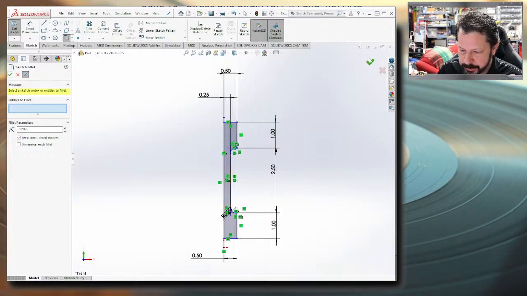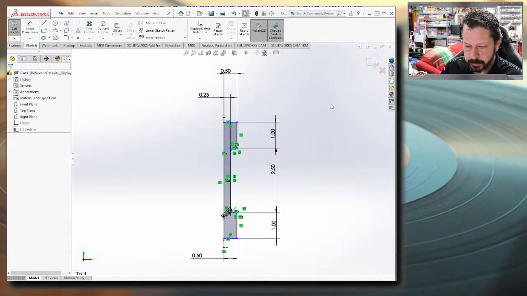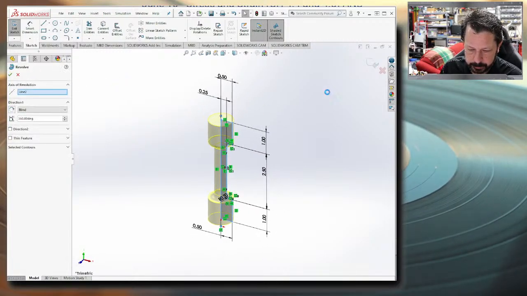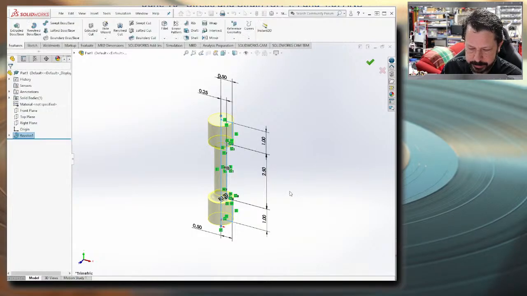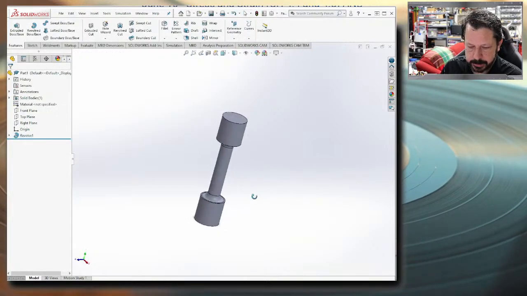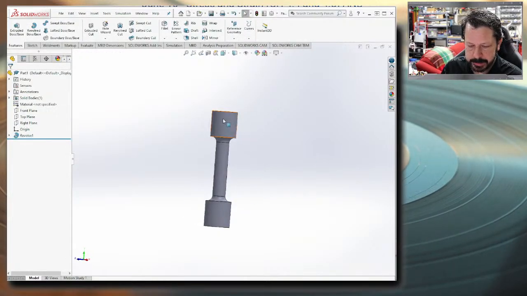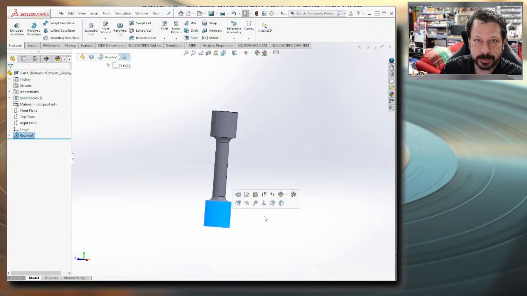Let's go ahead and revolve this so we can see what it looks like. There we go. Sort of like that. And so this is our tensile test specimen. These ends here and here, they would be threaded to fit into your machine. They make other types of tensile test specimen, flat ones for different materials.